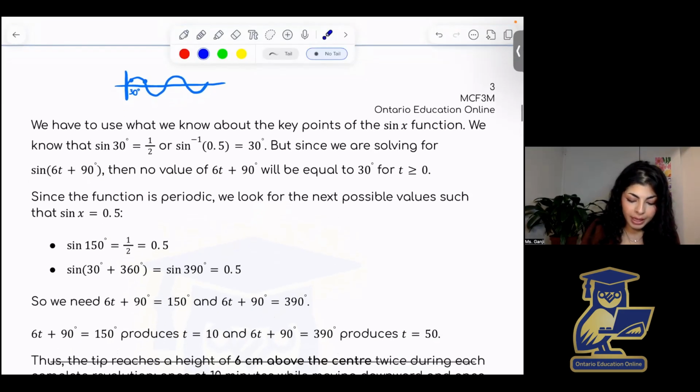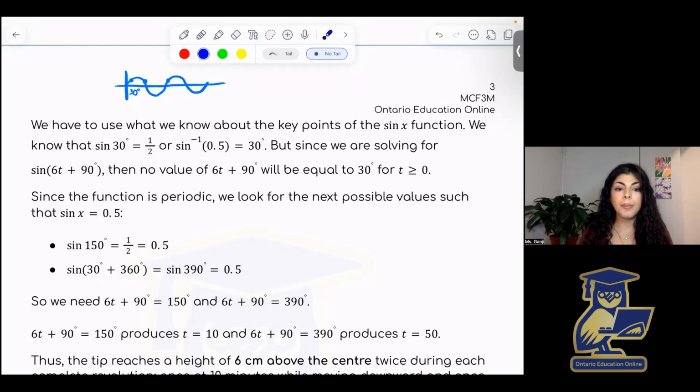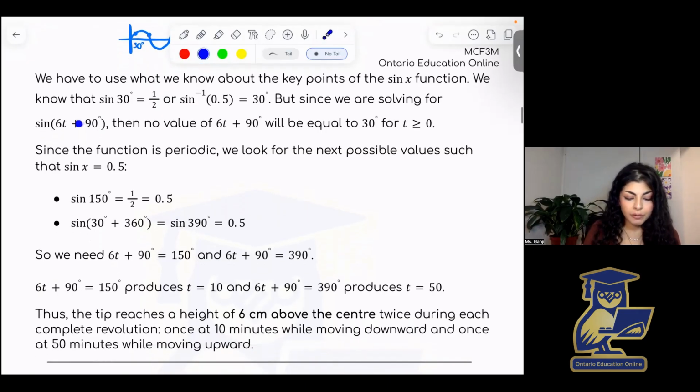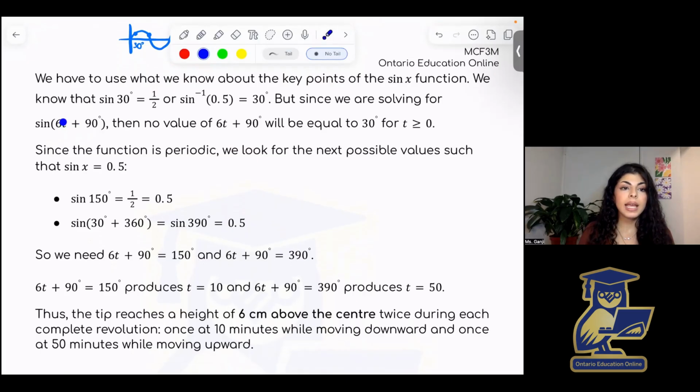And another point is over here, which is one full cycle, so it's 360 degrees plus 30 degrees, and this is 390 degrees. You can double check that the sine of both of these inputs gives us 0.5. But again, we had sine of 6 times t plus 90 degrees, and so really we want to find for what value of t this input is equal to 150 degrees and then 390 degrees.